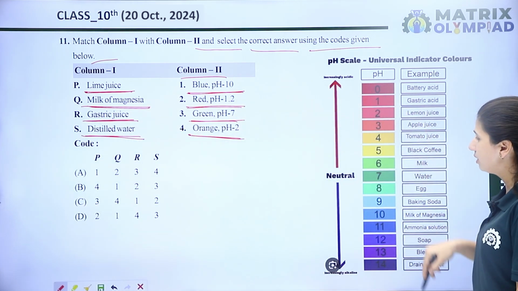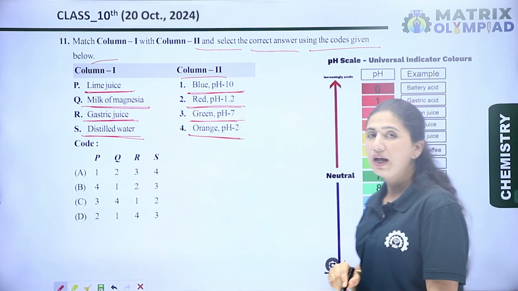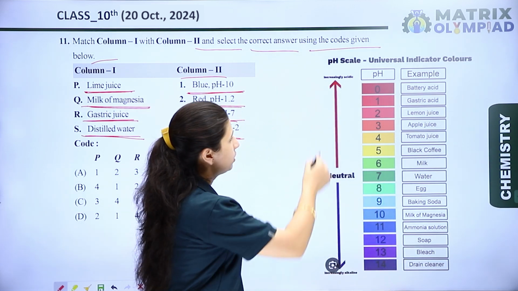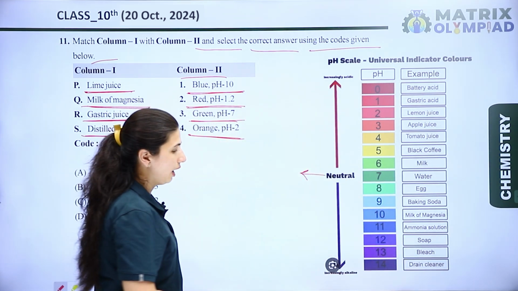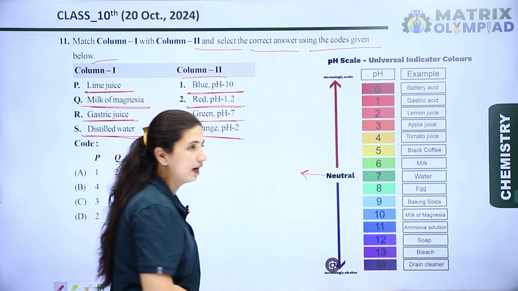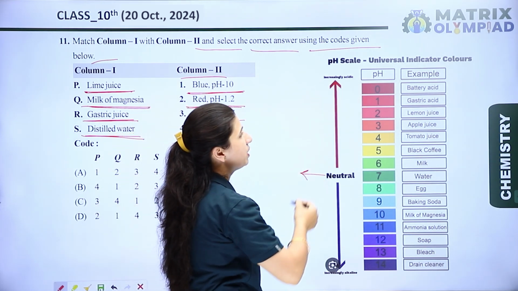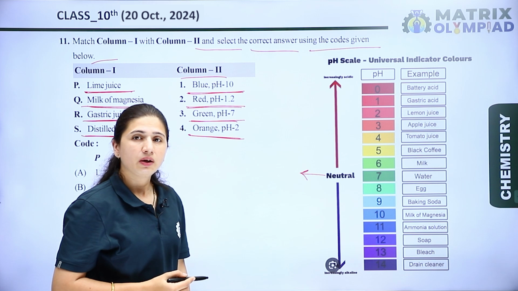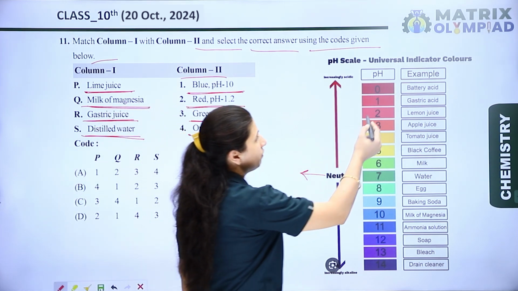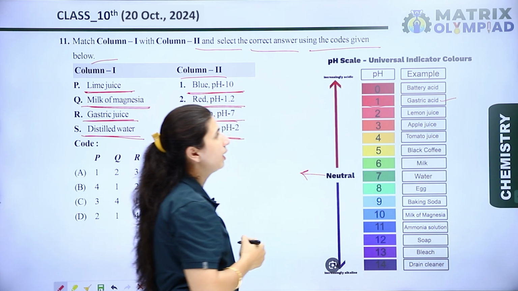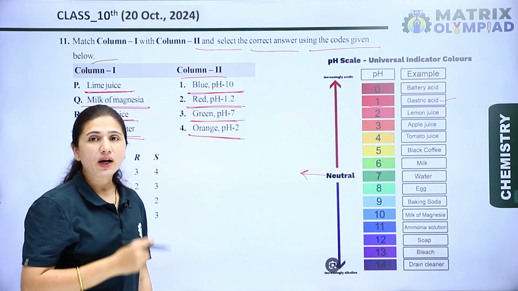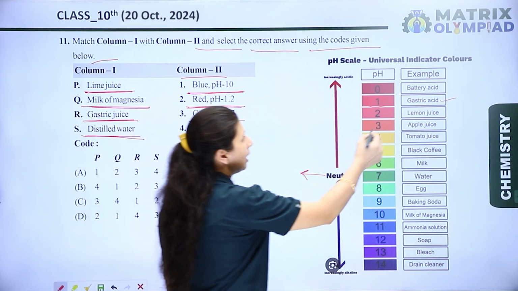Now let's discuss the pH scale. We know that the pH scale has 14 parameters, and according to this scale, 7 indicates the neutral solution, above 7 indicates the alkaline solution, and below 7 pH values indicate the acidic solution. Gastric juice has a pH around 1, so it is more acidic as compared to lemon juice.